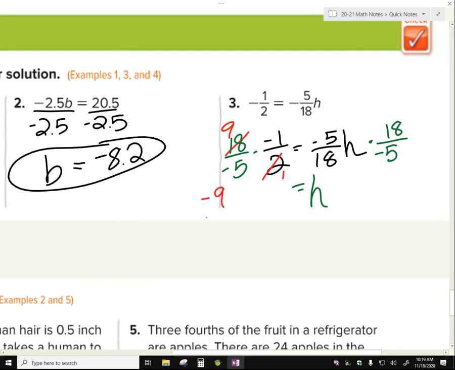In the numerator, I have negative 9. In the denominator, I have negative 5. Negative divided by a negative is a positive. But I need to make it a mixed number, 1 4/5. Okay? Does anybody need that still visible?